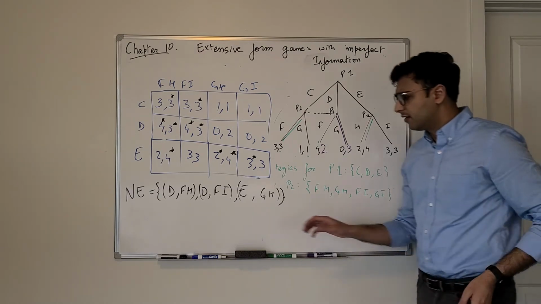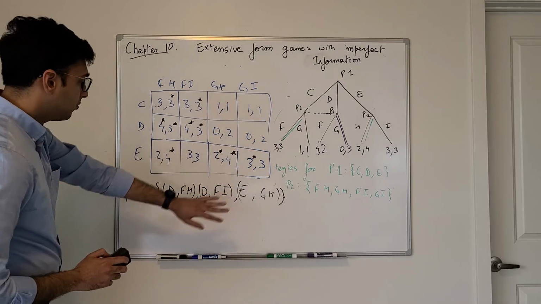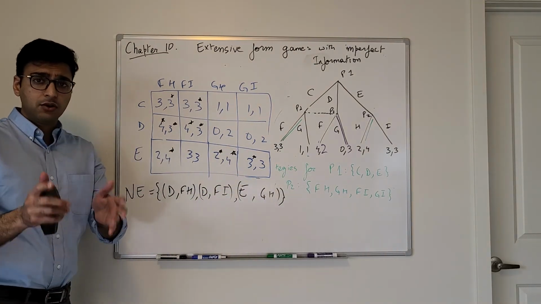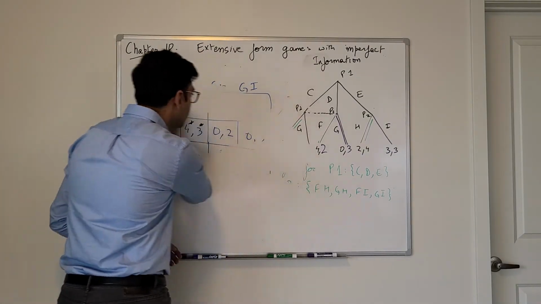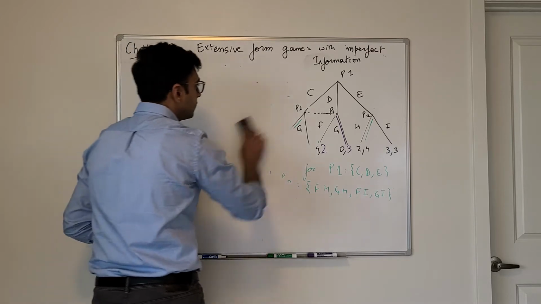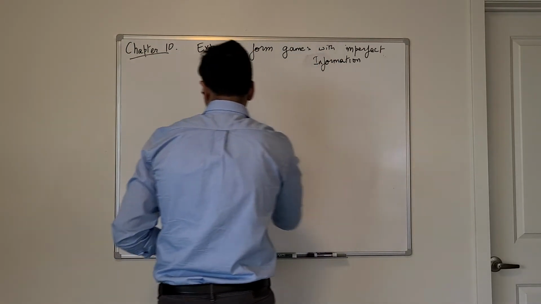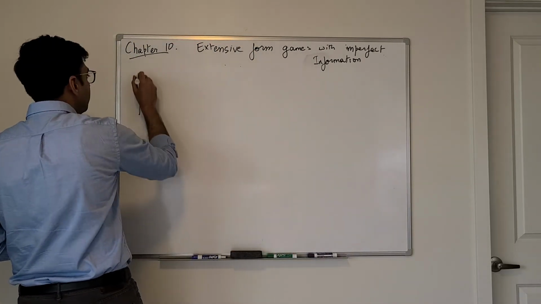Let's do another quick example. So for this game, we found these Nash equilibria. I hope everybody's on board with that. If not, talk to me during the Zoom meetings. Remember this game?